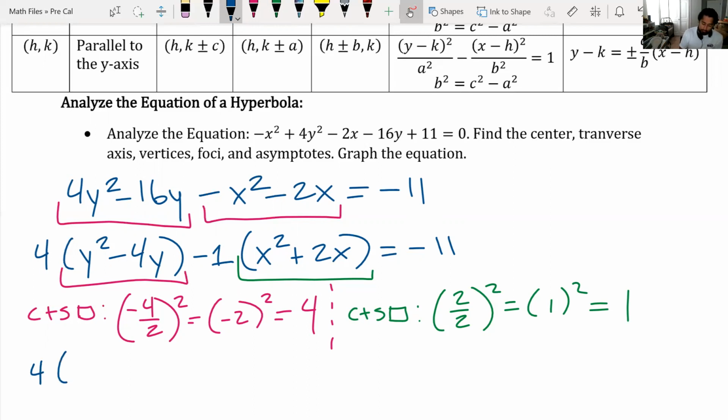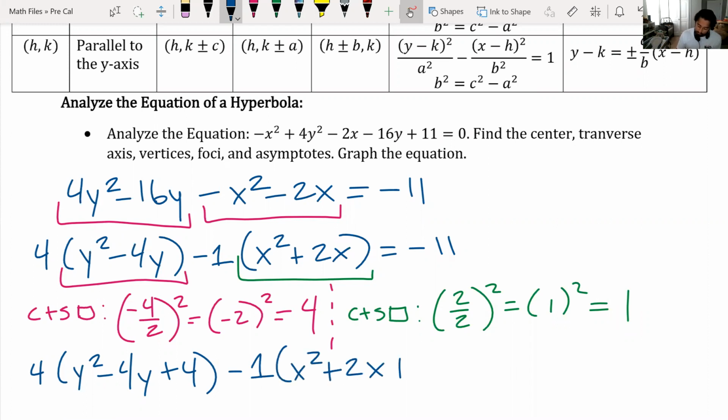So we'll get 4 times y squared minus 4y plus 4, minus 1 times x squared plus 2x plus 1, equal to negative 11 plus, now remember, usually the number would be 4, but since this 4 is waiting on the outside, you must multiply that number by 4, so it's actually going to be 16.